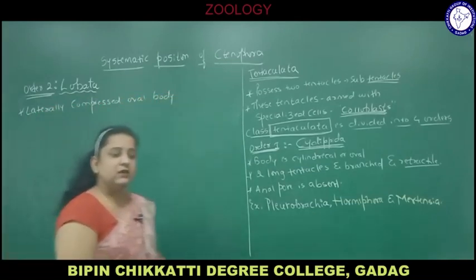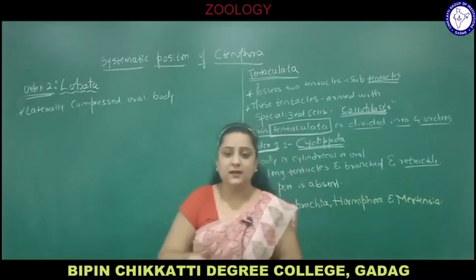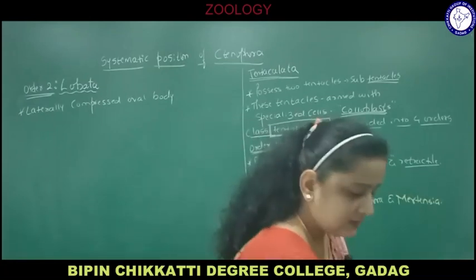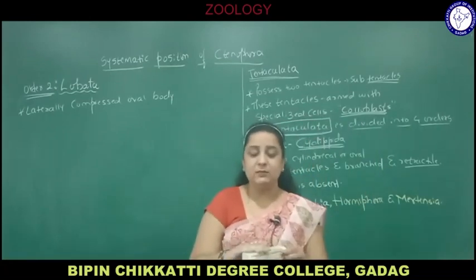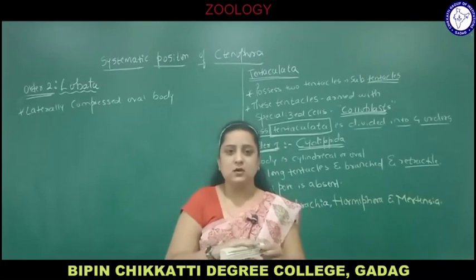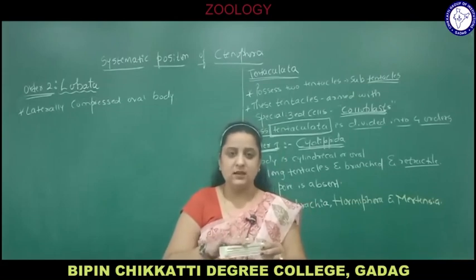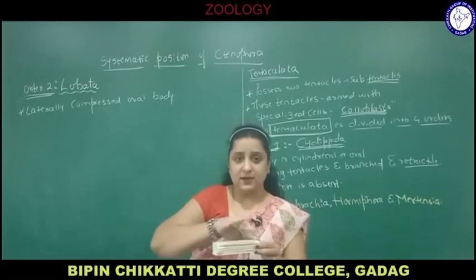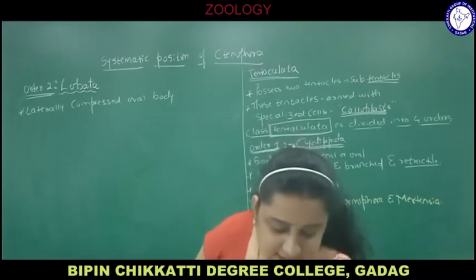As you know, in animal kingdom you have studied some of the characteristics like dorsal, ventral, right? If you take the animal body, the upper part is called dorsal part, lower part is called ventral or anterior posterior. The side part, the sidewards part is called as lateral. So body is laterally compressed.